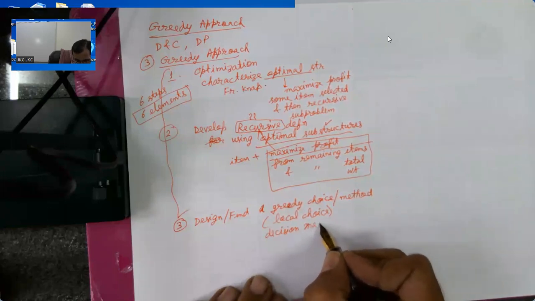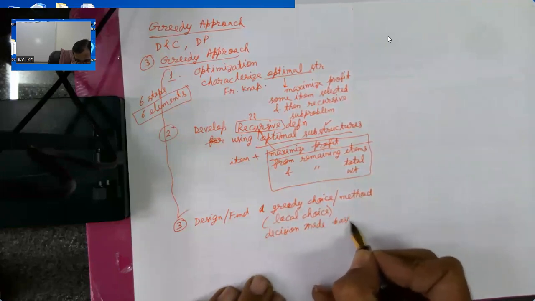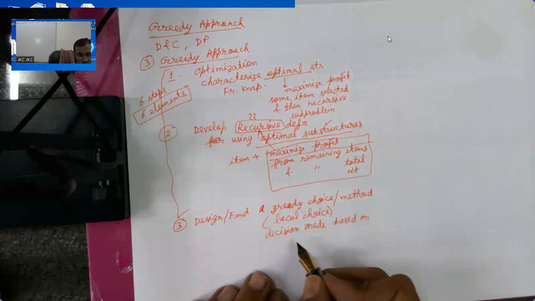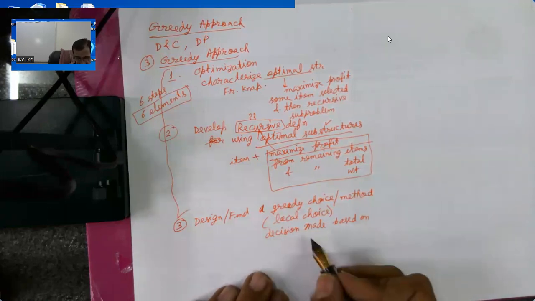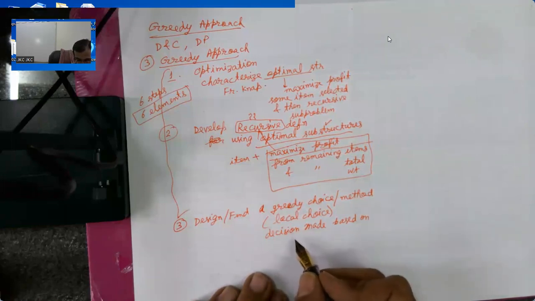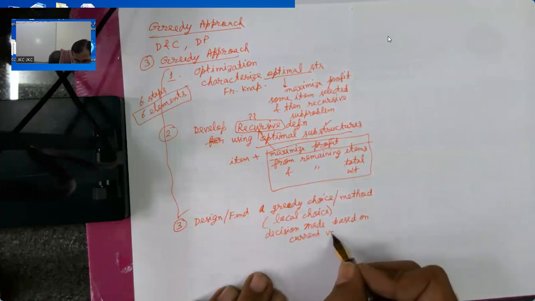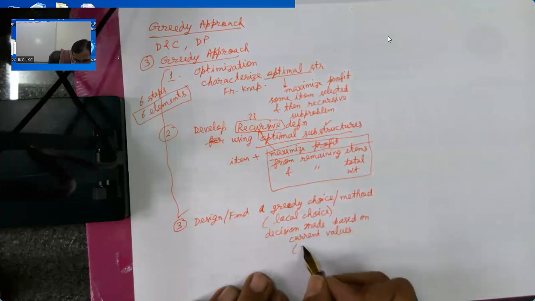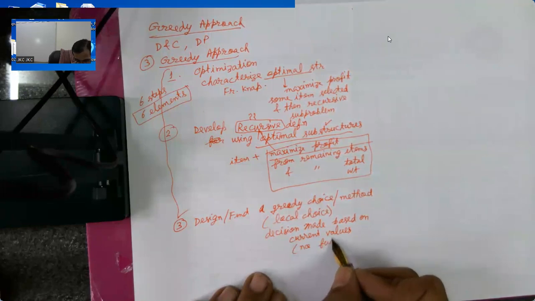A decision made based on the current values only, not the values computed via sub-problems, via DP, bottom-up, anything. A decision made based on the current values known to me, current data available to me. No sub-problems, no future values.